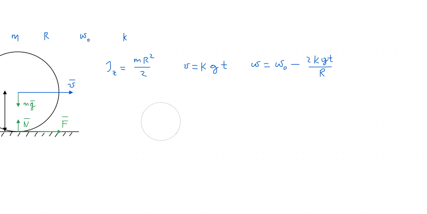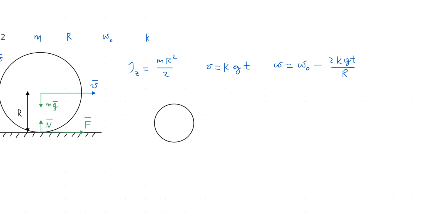Why? Because if we just draw this cylinder, let's imagine that there is no linear velocity. It is just rotational motion. So these points of the cylinder will move with such velocities.